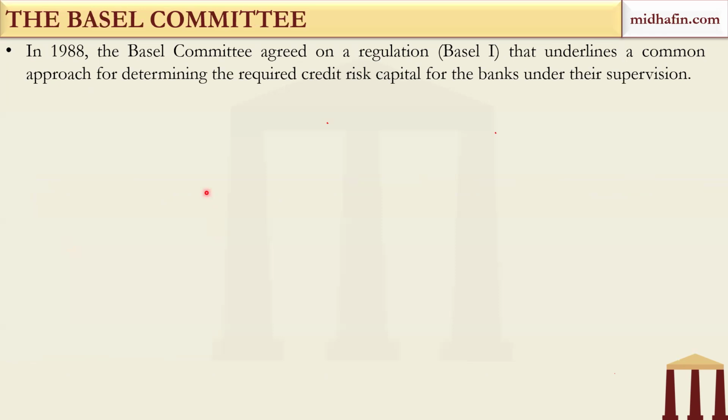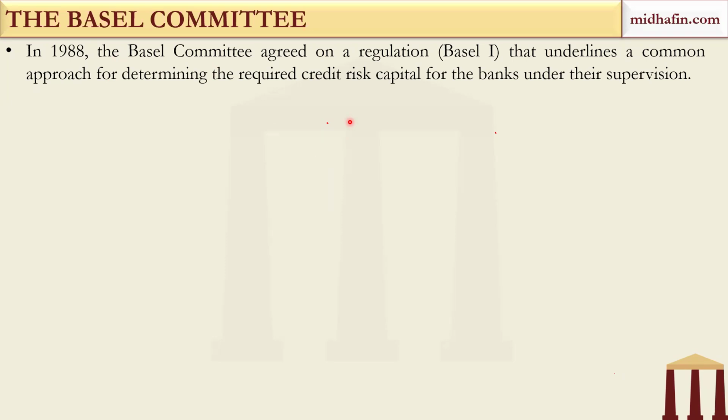Now, in 1988, the Basel Committee, in fact, first, before discussing this in 1988, what was the scenario before 1988? Before 1988, there was actually no proper set of regulations. Every country was relatively free to choose how the regulations were done in its own country with respect to the banking system.